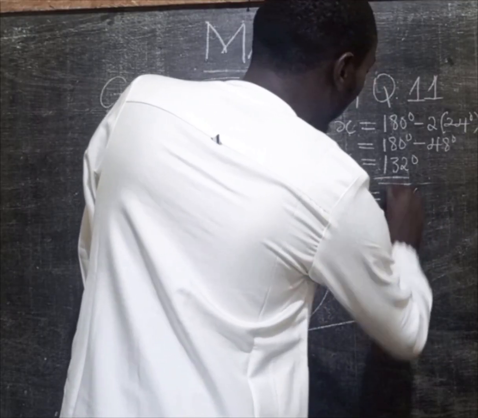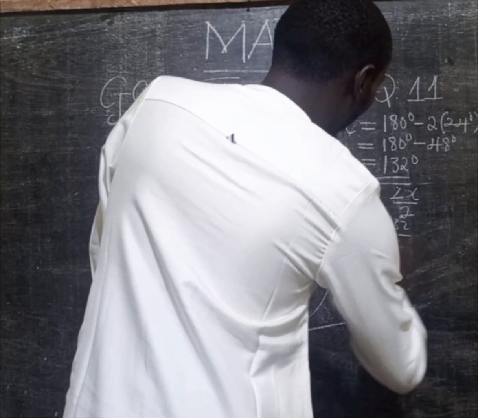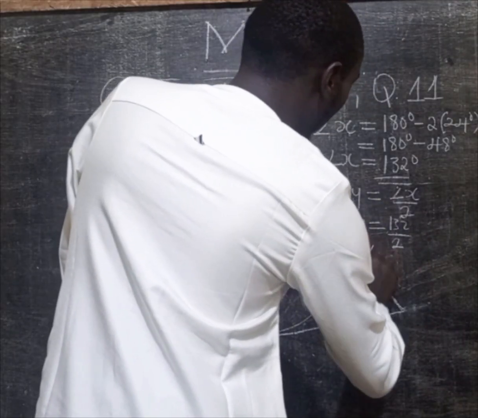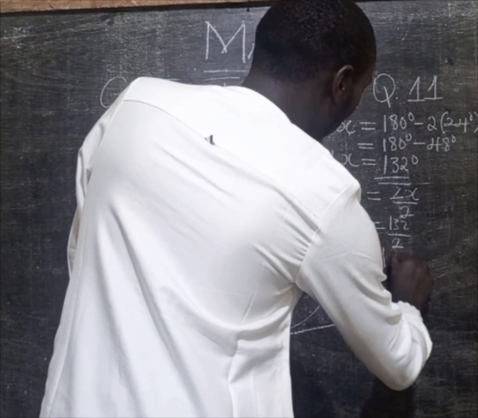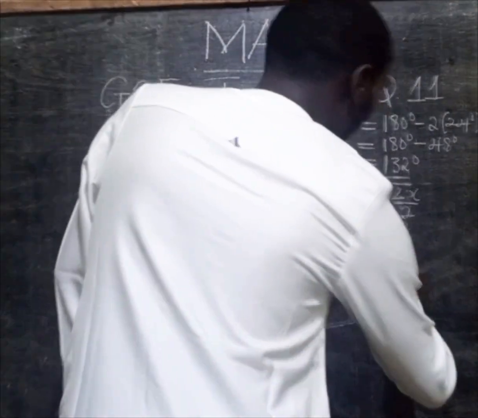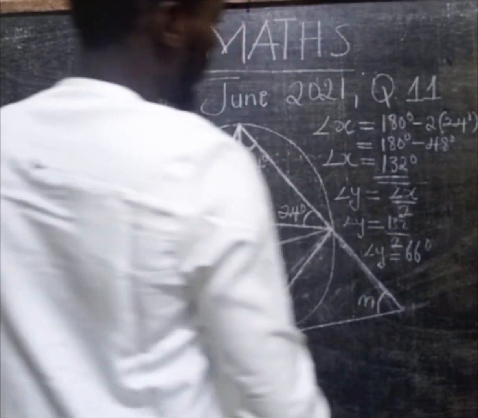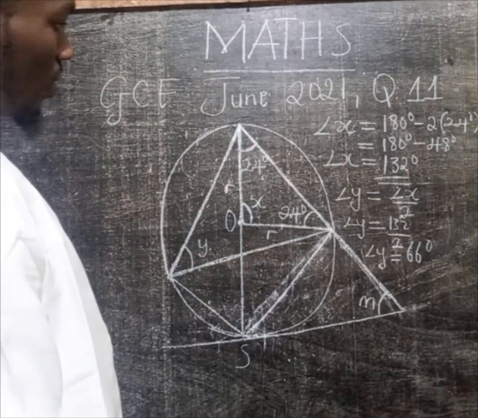So this would be 132 divided by 2. We also have angle y. So angle y would be, I think this should be 66 degrees. Is it 66?